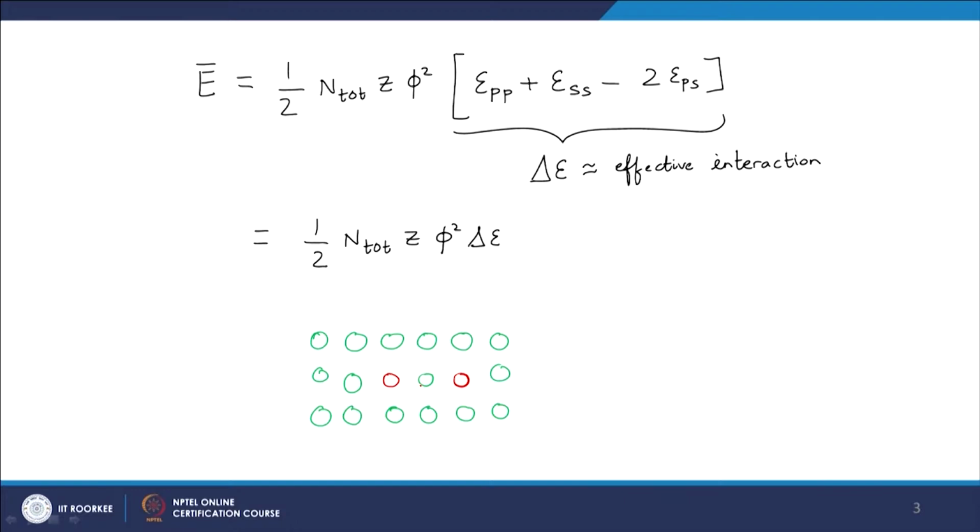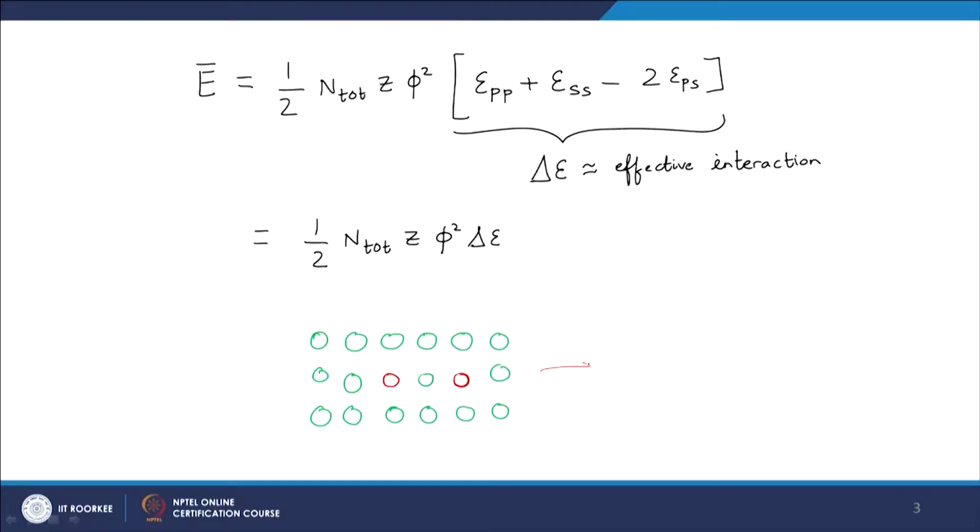Let us say we are thinking about a process where these two molecules will come together. Once these two red solute molecules come together, this will be the new arrangement.